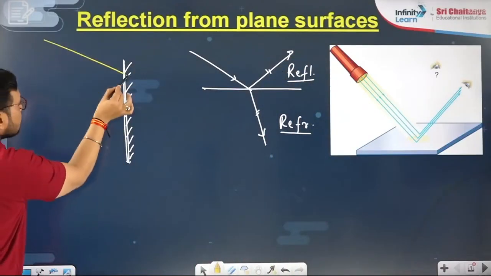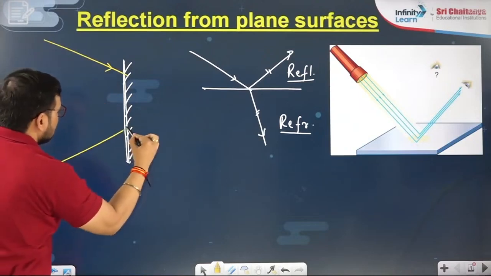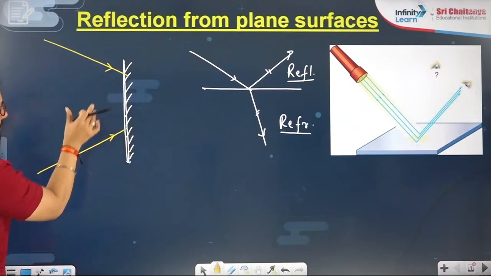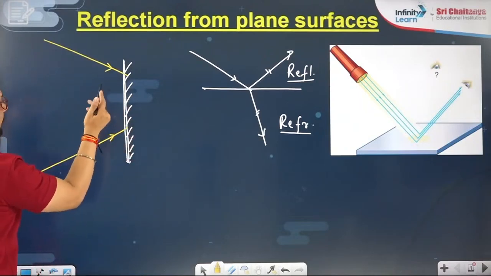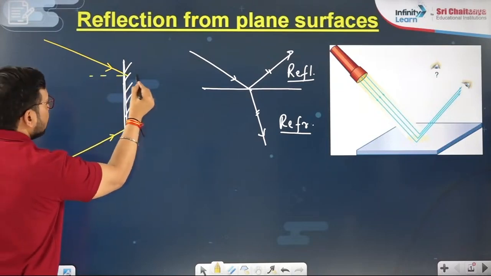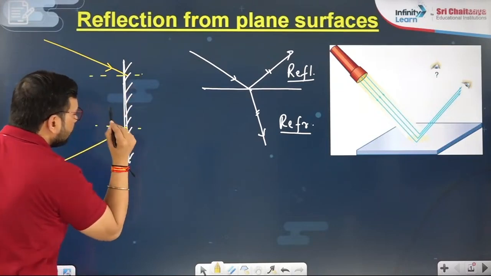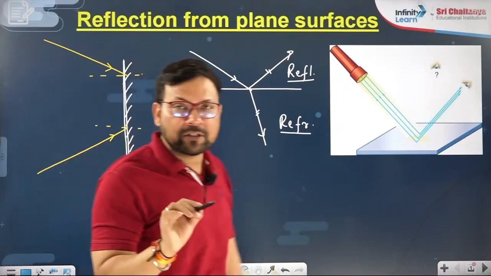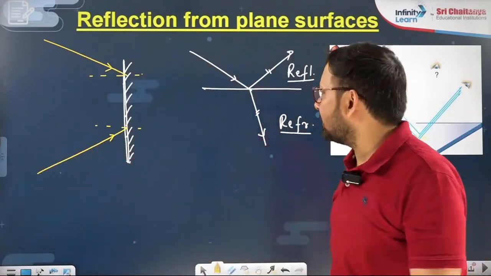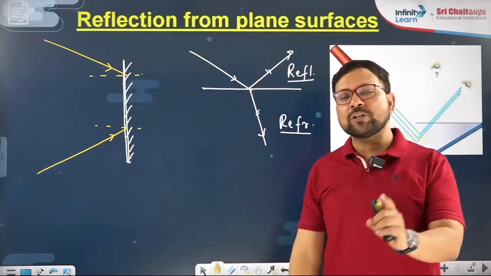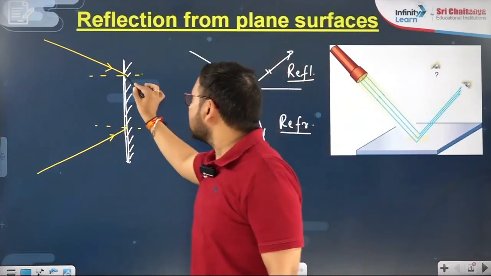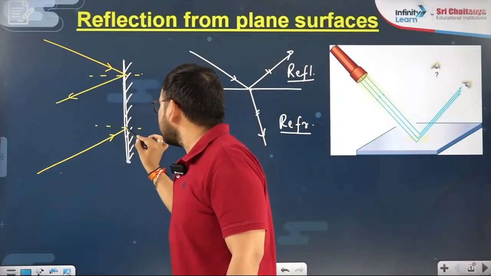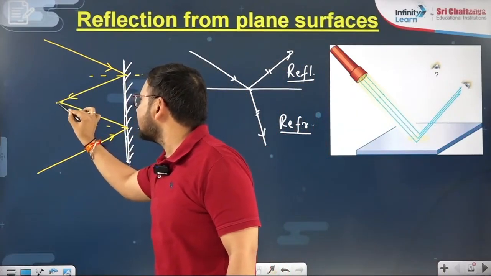Suppose one light ray is coming like this on this. Yesterday's discussion, just a primary revision. Can you tell me what image will form at this point? Ray is getting incident. What image will form, everyone? Try to answer, real image or virtual image. From here light will reflect back, from here light will reflect back, and they will meet at this point.